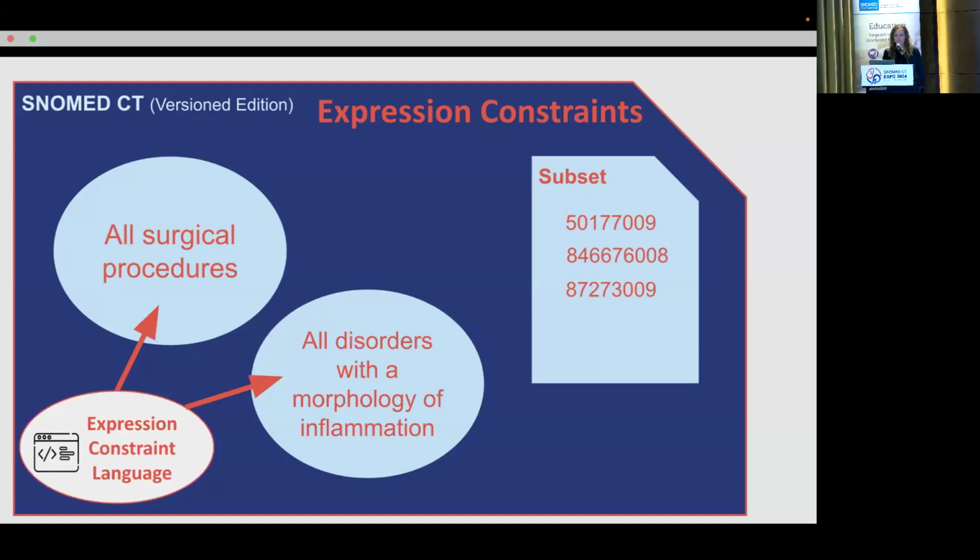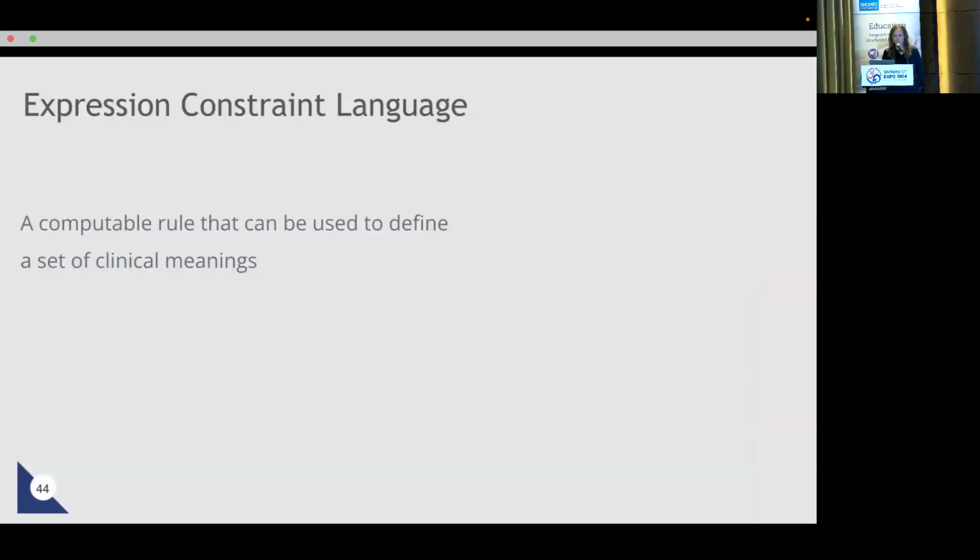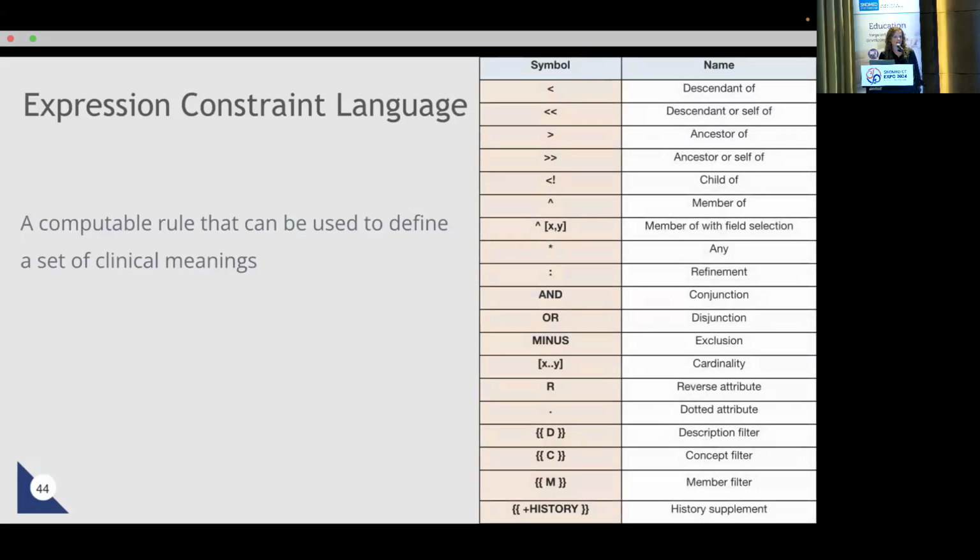And you can use expression constraints, using the expression constraint language, to produce these. So the expression constraint language is a computable rule that you can define to retrieve a set of clinical meanings. It has many features, but actually the top two there, or the descendants of, are probably the ones that are very powerful when it comes to terminology binding, and maybe you want to add a simple refinement.